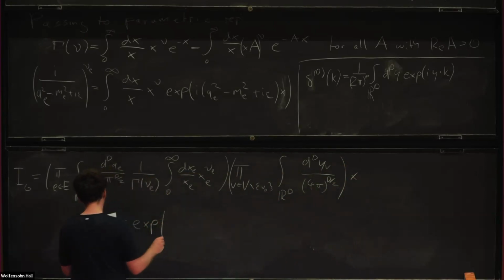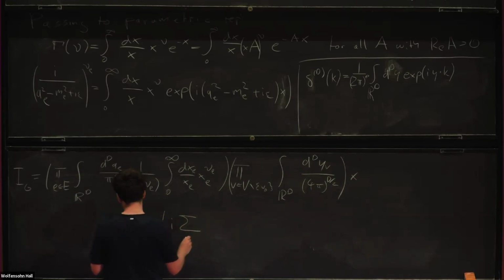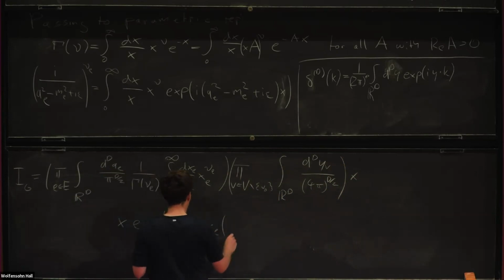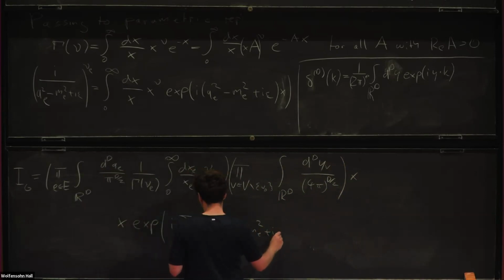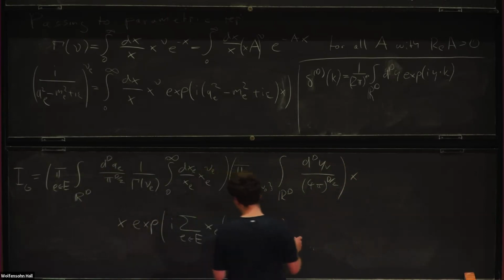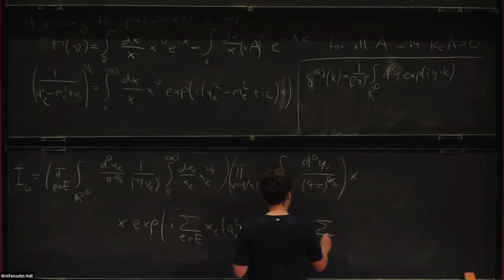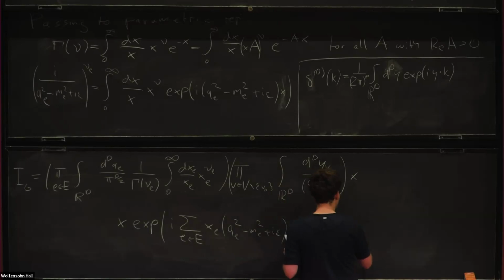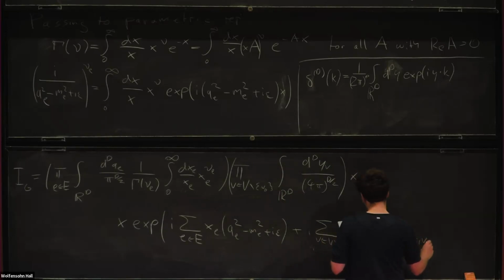And then the actual integrand is just an exponential integral. It involves the sum over the edges that comes from the propagators, and the sum over the vertices minus 1, with this epsilon matrix.